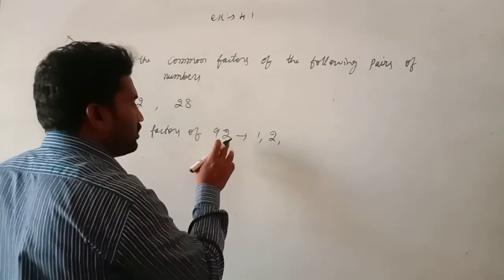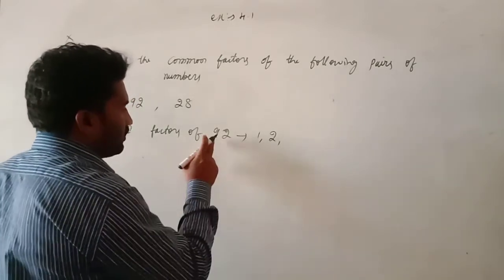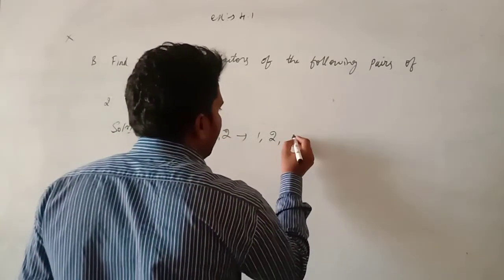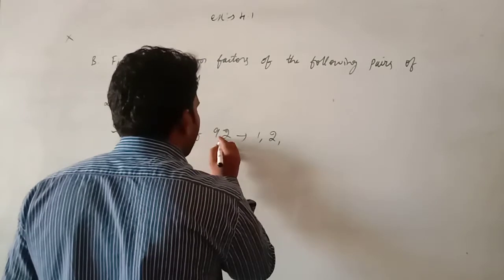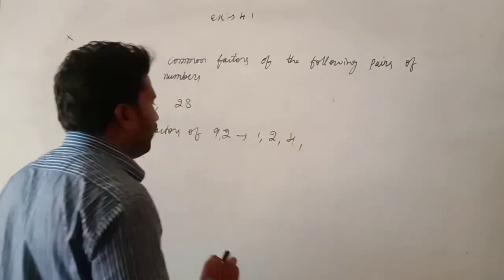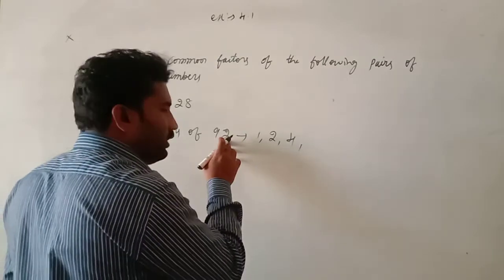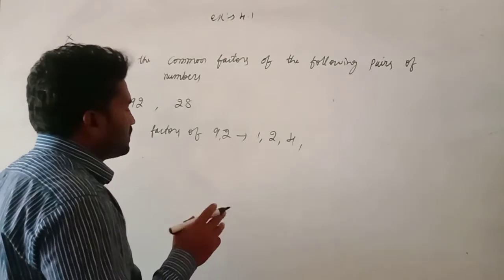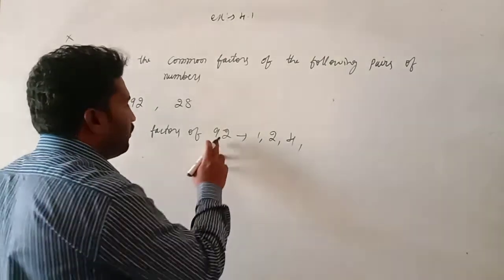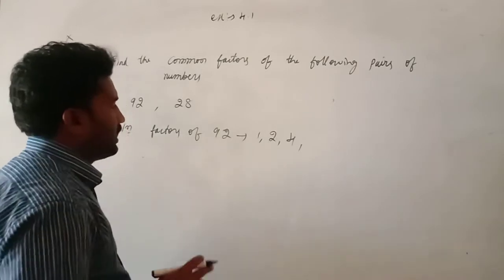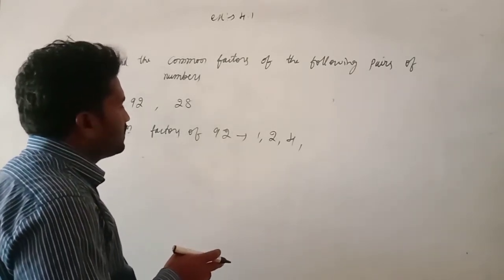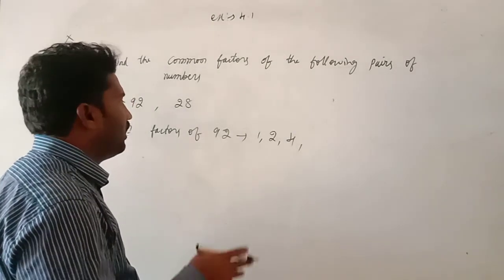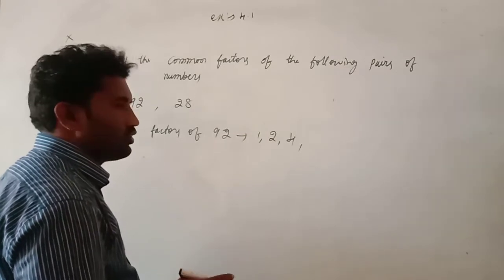By 4 yes: 4 twos are 8 and 1 remains, 4 threes are 12. By 5 no, because the last digit should be 0 or 5. 6 is not possible because the number is not divided by 3. 7, 8 and 9 are also not possible.